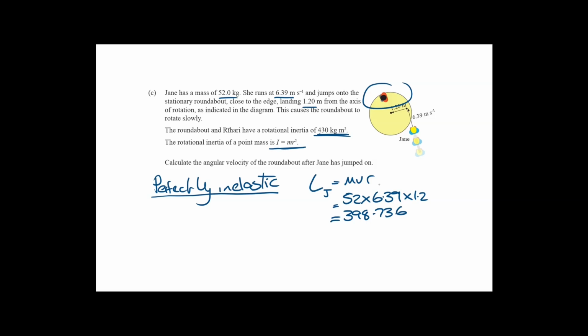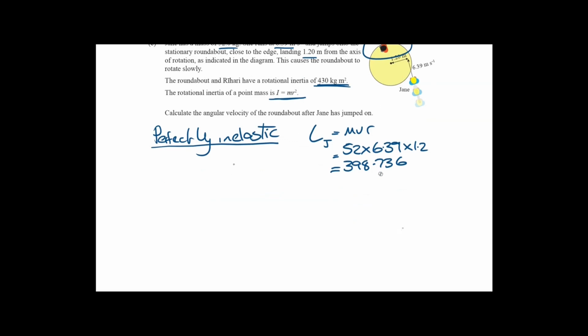So now we need to work out the total rotational inertia of this roundabout now that she's on there. So this is going to be equal to, what did they say?